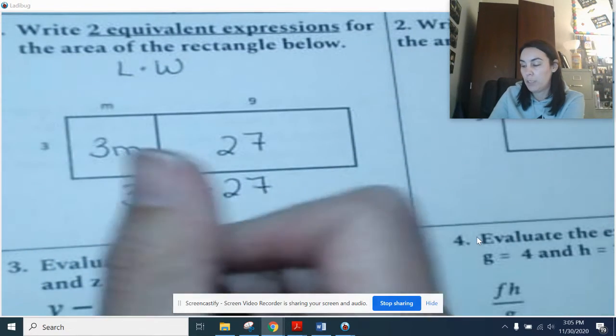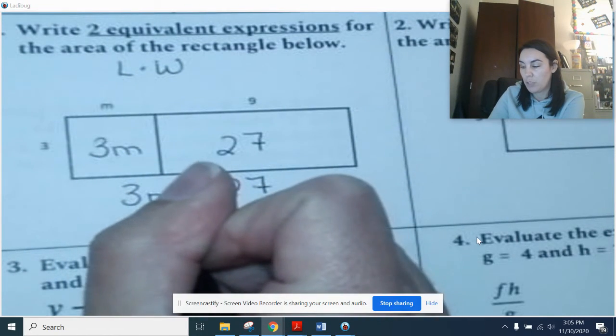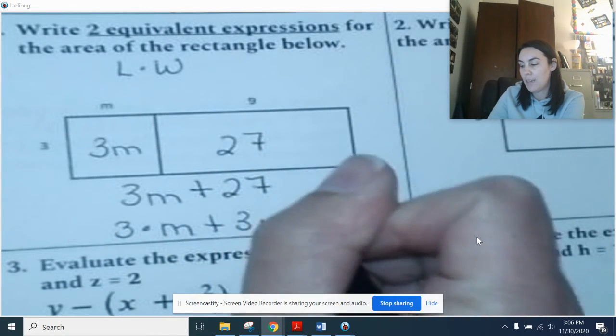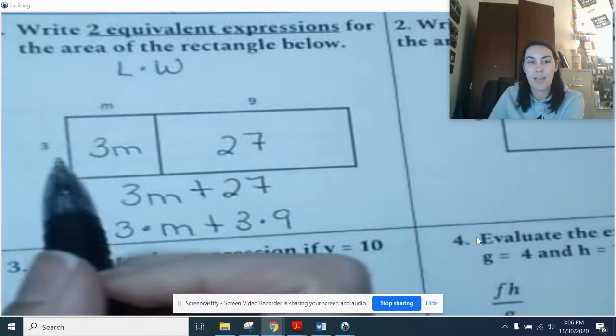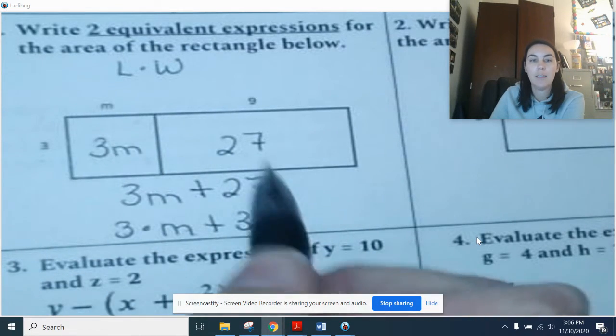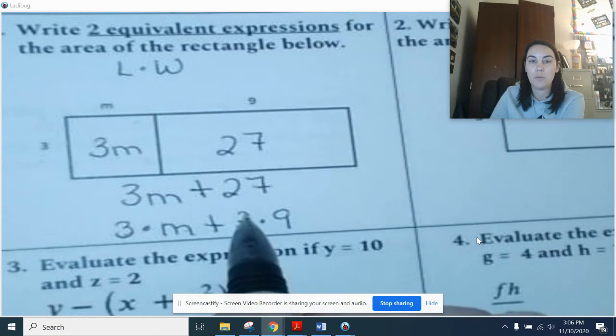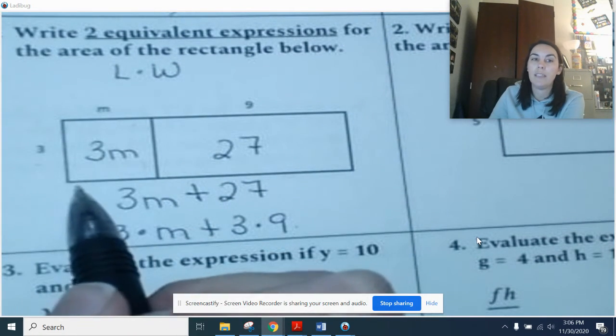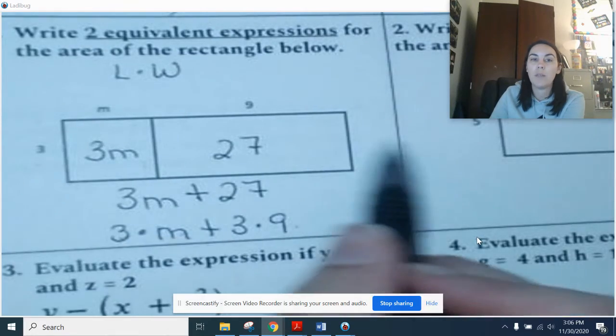Okay, another way you could write your expression is just write it out as multiplication. 3 times m plus 3 times 9, because that's just doing your length times width for this one, 3 times m, length times width for this one, 3 times 9. Also, remember we talked about that you could write the length times width of the whole thing.